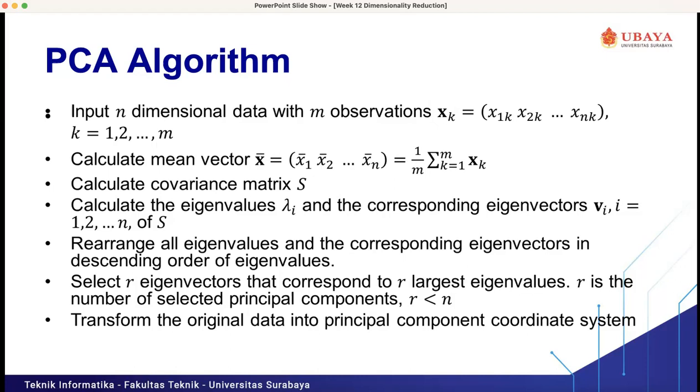For example, if we have 10 features, we will calculate the mean value for each feature. How to calculate the mean vector? As you can see here, for every feature we calculate the sum, then we divide it by m because we have m observations.